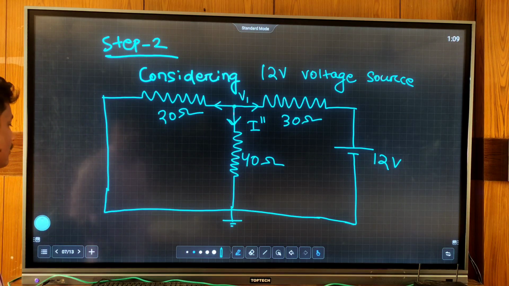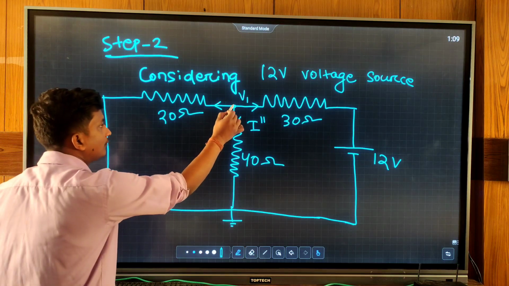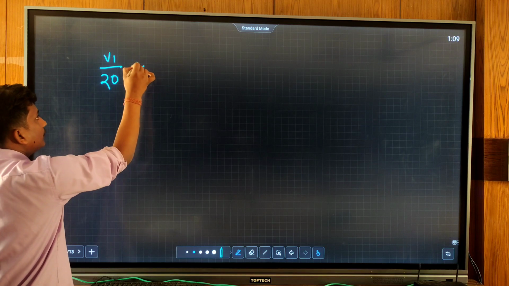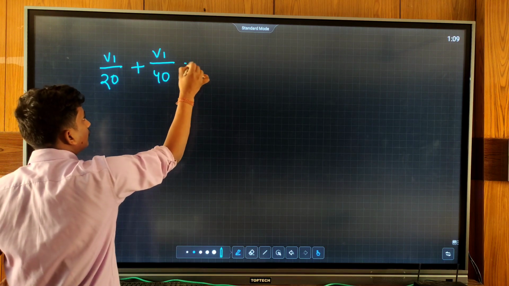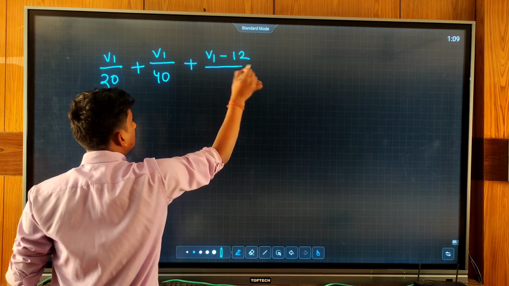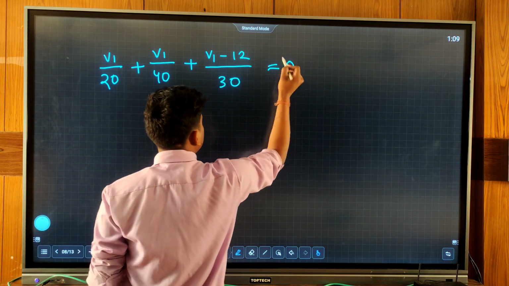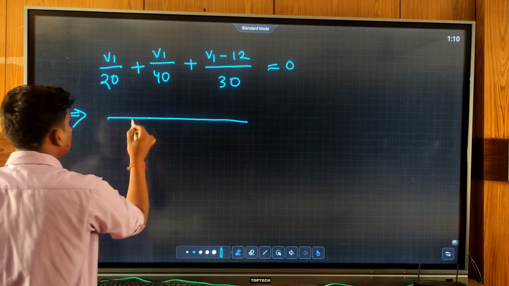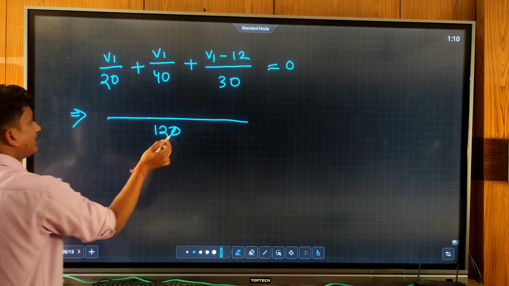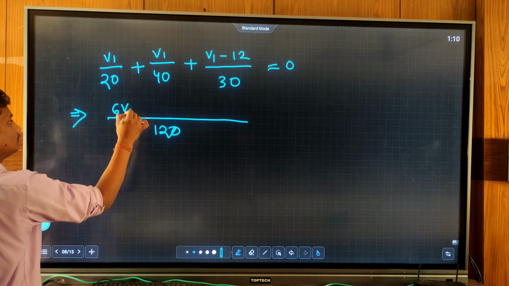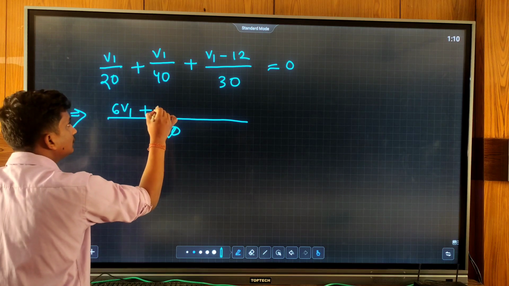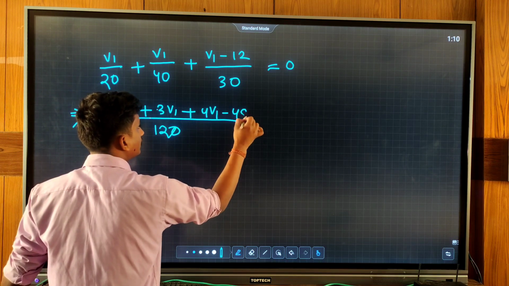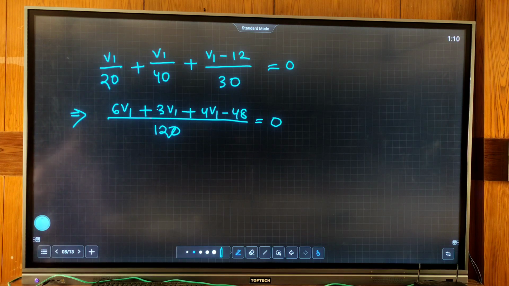According to KCL, the sum of currents meeting at this point will be 0. So V1 by 20 plus V1 by 40 plus (V1 minus 12) by 30 equals 0. By taking LCM 120: 120 by 20 equals 6 V1, plus 120 by 40 equals 3 V1, and 120 by 30 equals 4, that is 4 V1 minus 48, which is equal to 0.